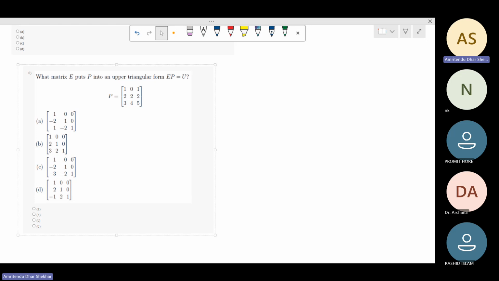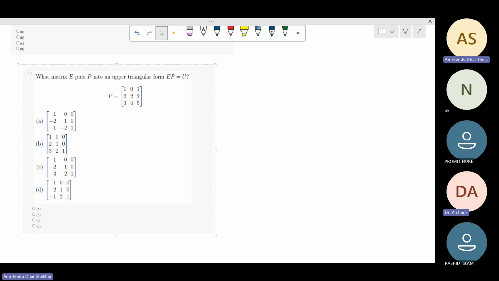Can you ask your doubt? Actually, I can't understand the statement of the question. What are they asking about, matrix E or U? They're asking you to compute matrix E. Yes, matrix E is the question. I'm not able to find the matrix E. What is the process?